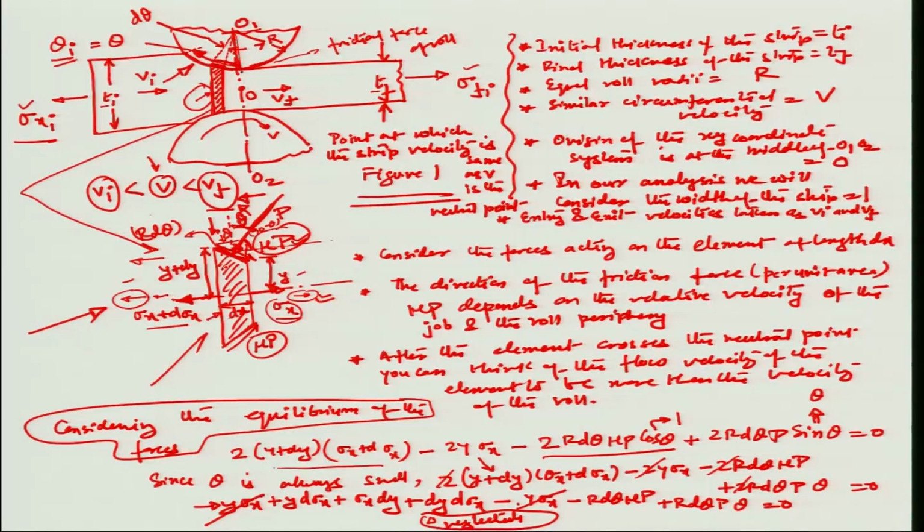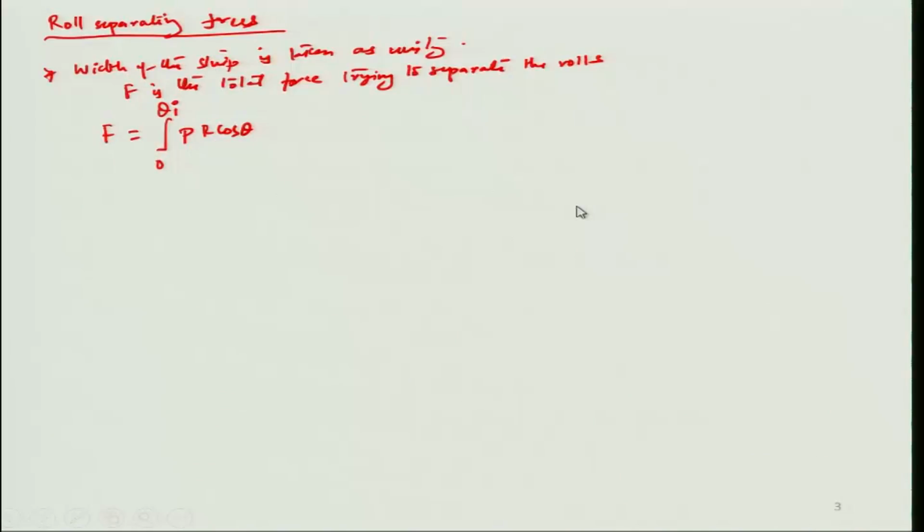So pressure times r d theta is the total force, and the component of this force in this direction is F cos theta. That is how you generate this roll force, as I was illustrating in this example, as P r cos theta d theta.